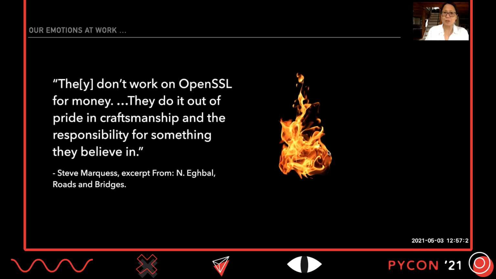In it, she talks about how there is a common misconception that the labor for open source projects is well funded. In reality, it is largely created and maintained by volunteers, people like you, who do it to build their reputation, out of a sense of pride, or simply as a labor of love because it's something they believe in.